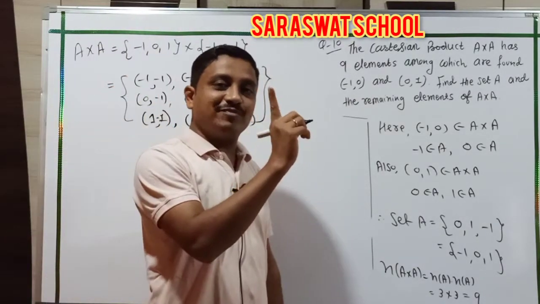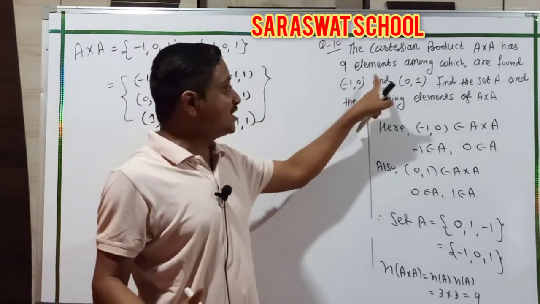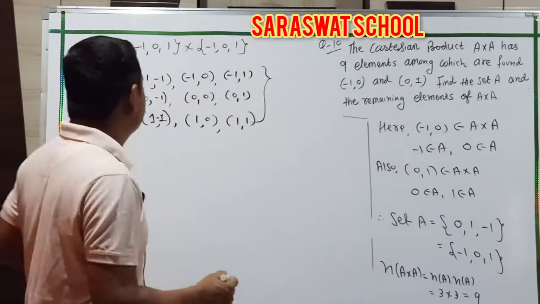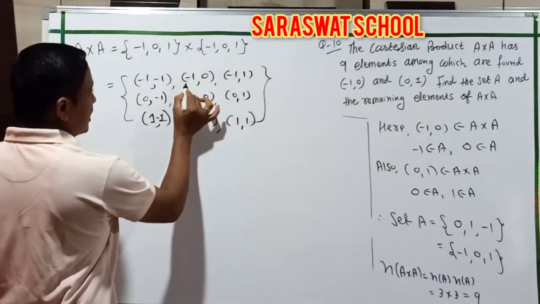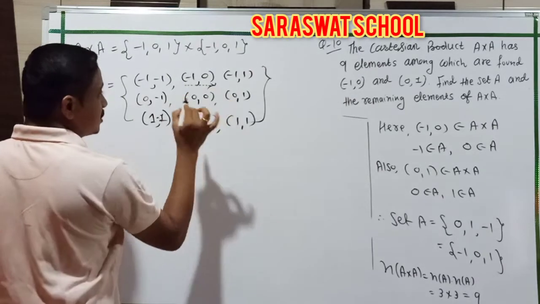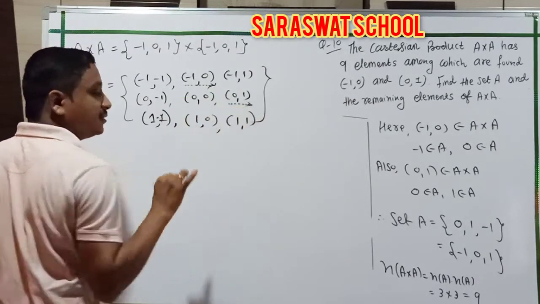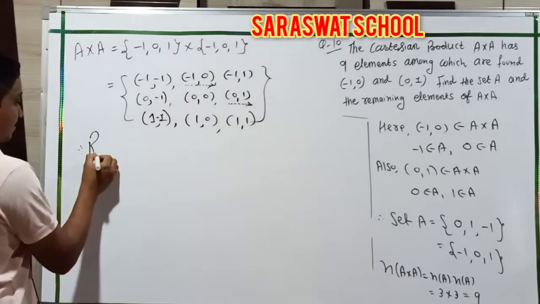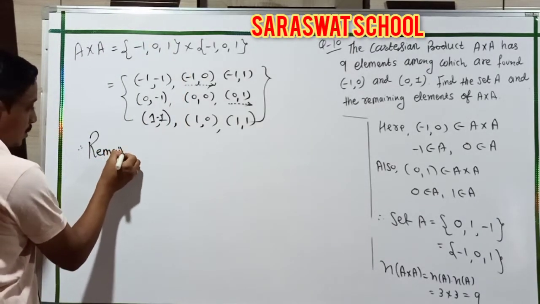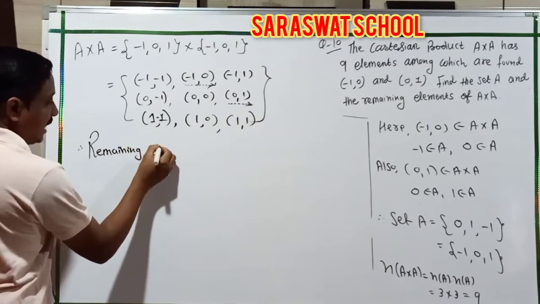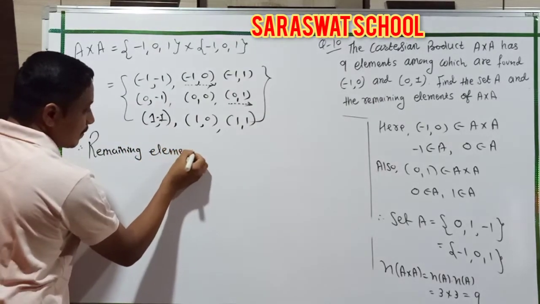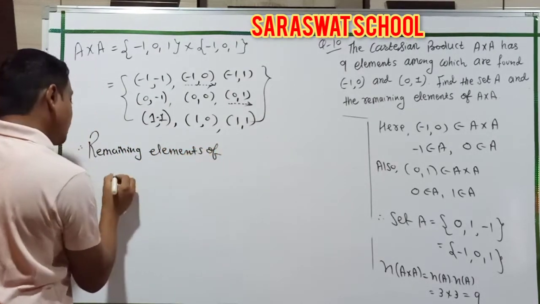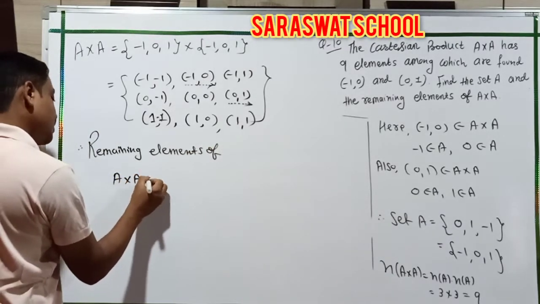Now students, my target: (-1, 0) and (0, 1) are given. (-1, 0), it means these are given. (0, 1), these are also given. So the others are remaining. Therefore, the remaining elements of A cross A. It's very easy.